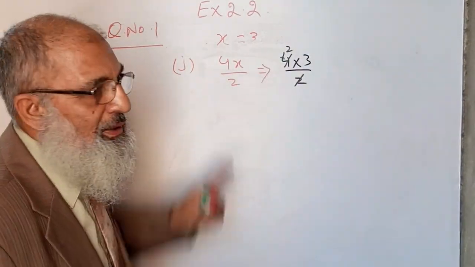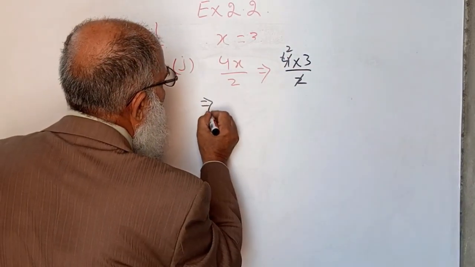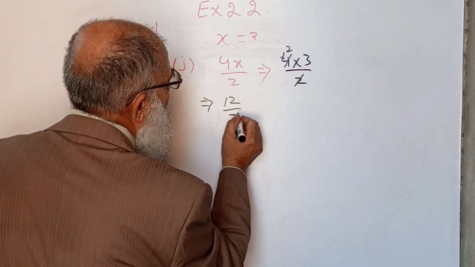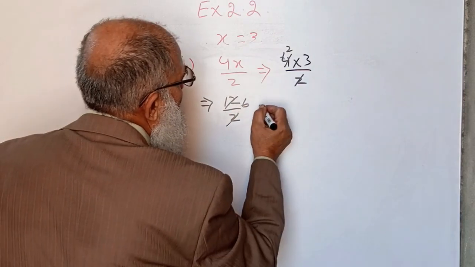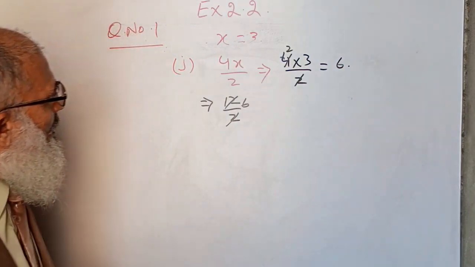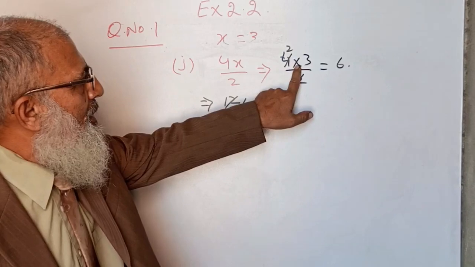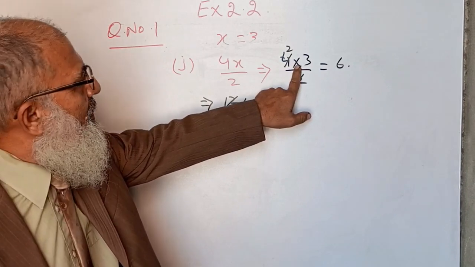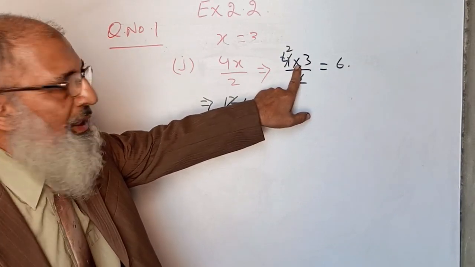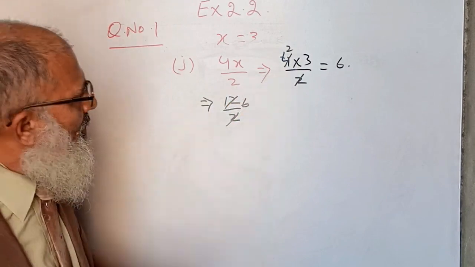Now this step is valid, or you can also do it in this way. 12 divided by 2, that is equal to 6, and this is again 6. If there is a sign other than multiplication, then you cannot do it like this.